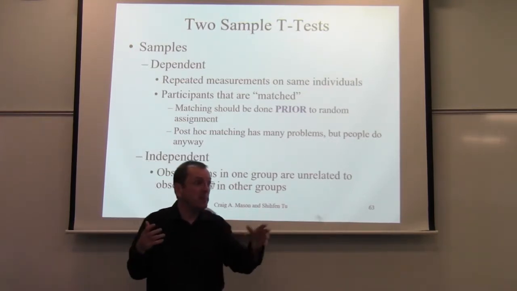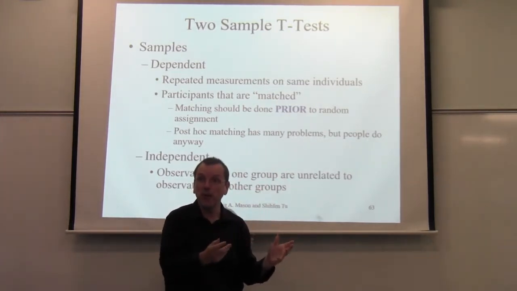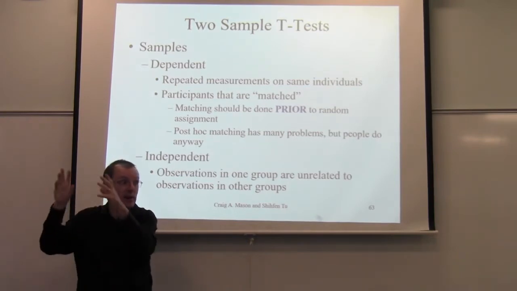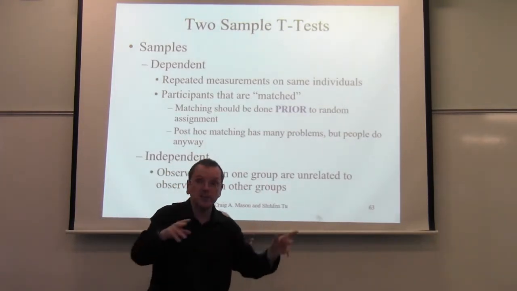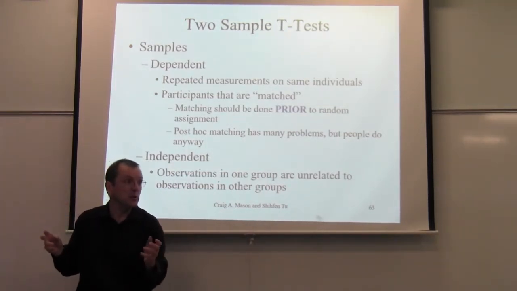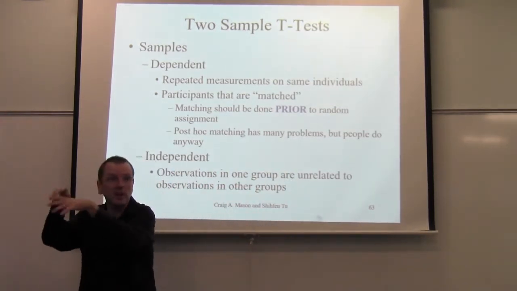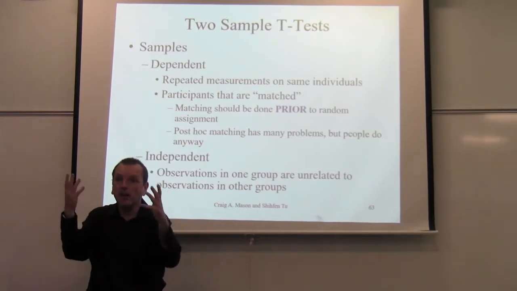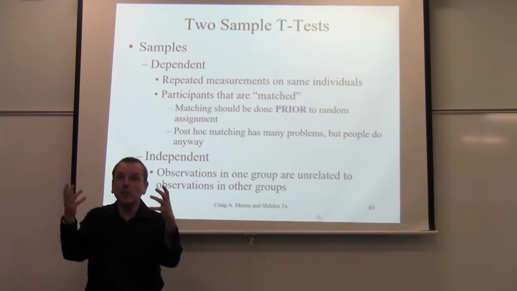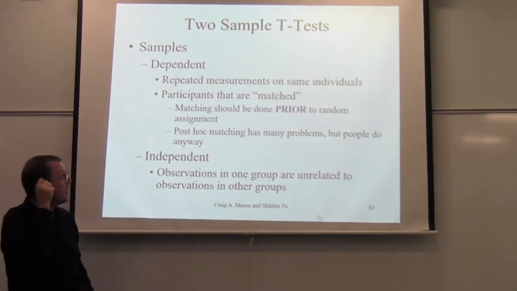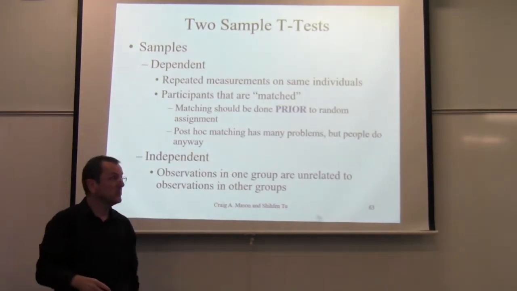That one sample might be the population of theoretical kids if they got my math intervention program, and the other sample is the population of theoretical kids that don't get my math intervention. Or it could be the population of boys and the population of girls in elementary school. It could be students from Maine, the population of all of them, and students from Wisconsin. But we have two samples that are in some way different. And they reflect two different populations, and we want to compare. We're using those samples to infer back, are those populations different?